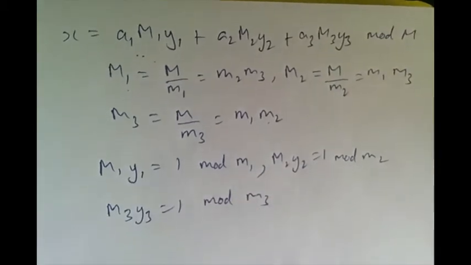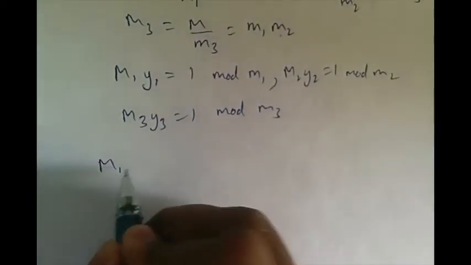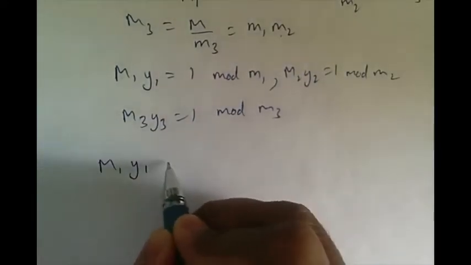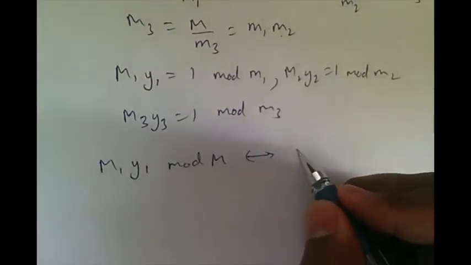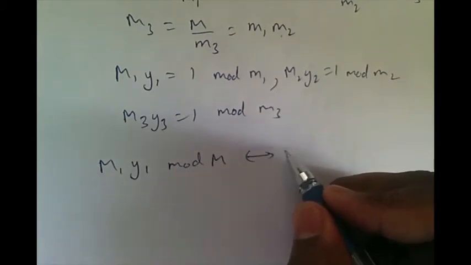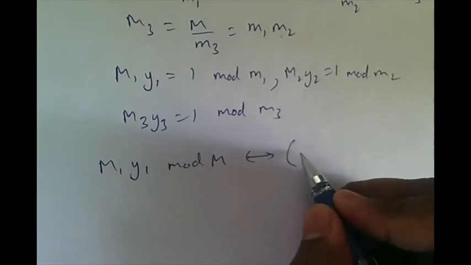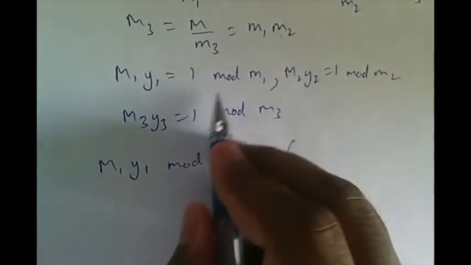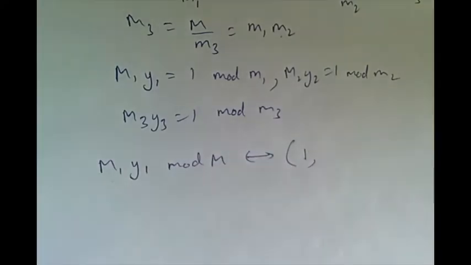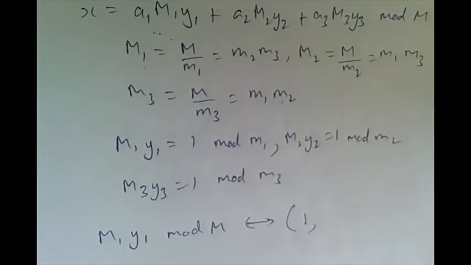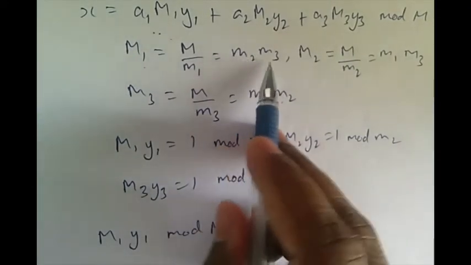So let's look at what happens when I look at M1 y1. What does it map to in Z_m1 cross Z_m2 cross Z_m3? So the first coordinate is M1 y1 mod m1. Mod m1 it's 1. And mod m2, note that M1 is the product of m2 and m3, so M1 y1 will also be a multiple of m2.